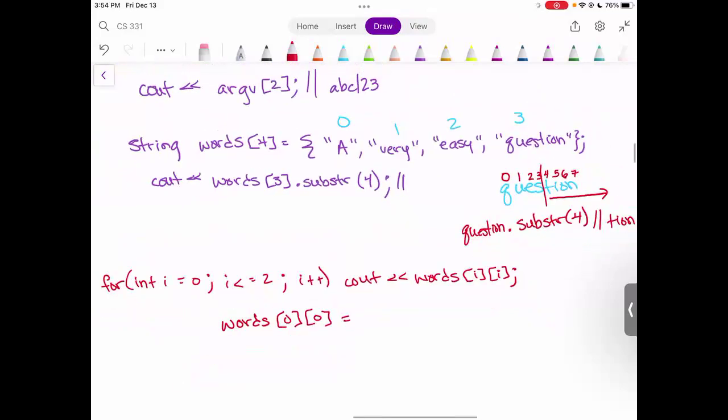We break down A is 0, and A only has one character, so 0. So that's A.